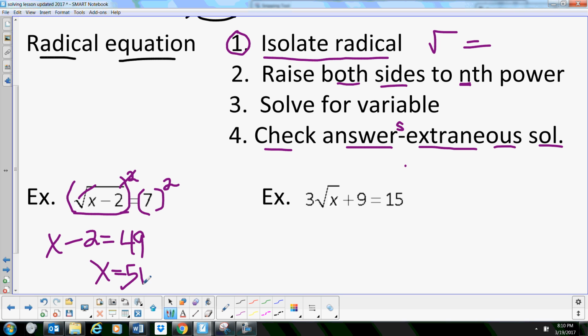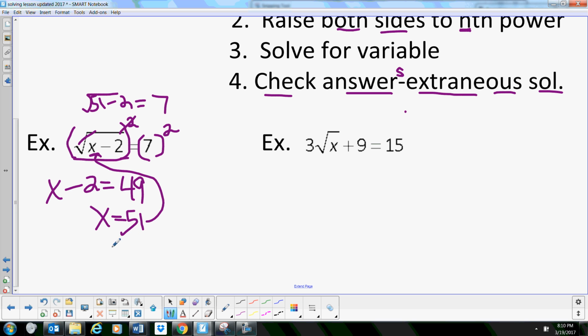So x is 51, and let's just check it to make sure. 51 minus 2 is 49, so the square root of 49 is indeed a positive 7. Okay, so that one checks out, so that solution is a good solution.